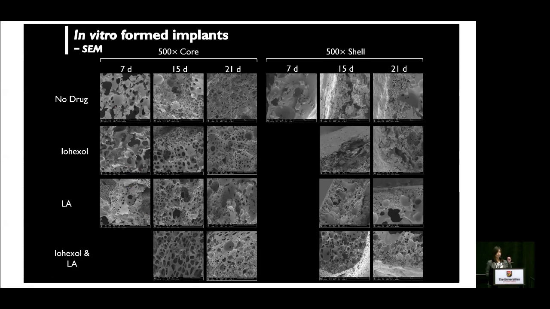very small pores inside, which slow down the release of everything, and water intake and water diffusion as well. And for this case of no drug and Ihaxo only, you see a larger pore formation, which gets fast, rapid phase inversion, provides more polymer-lean areas, and as pores form, you get better drug release and influx of water exchange.